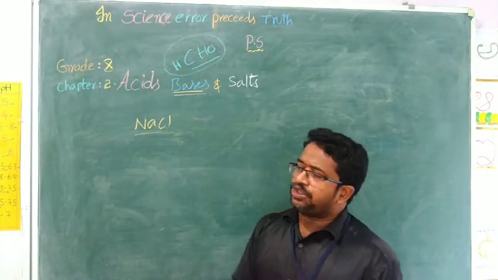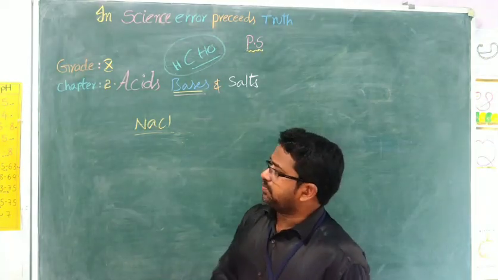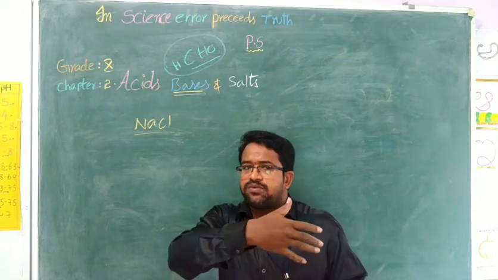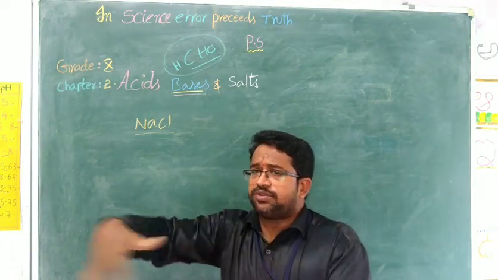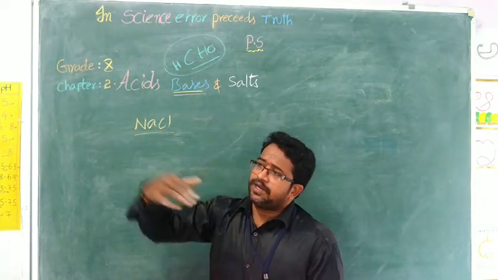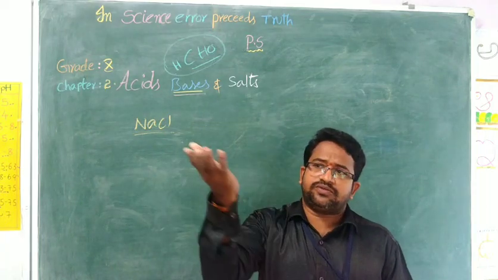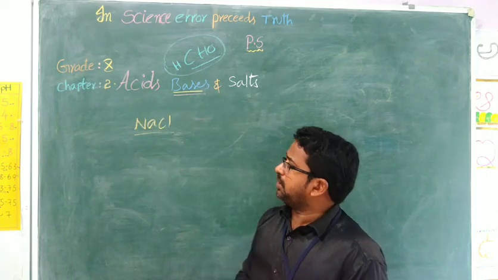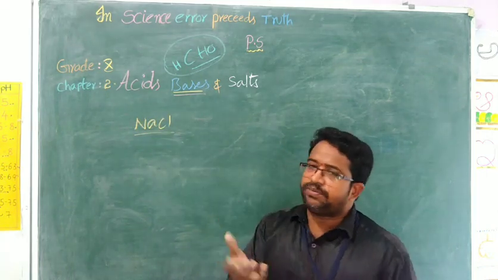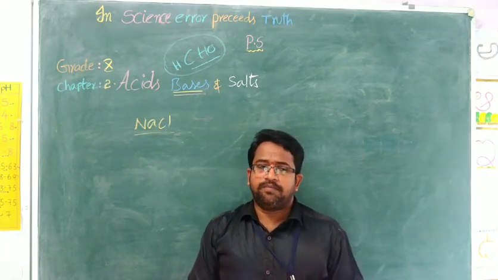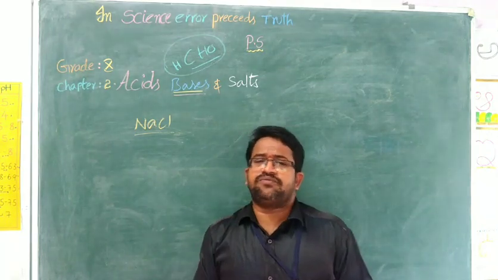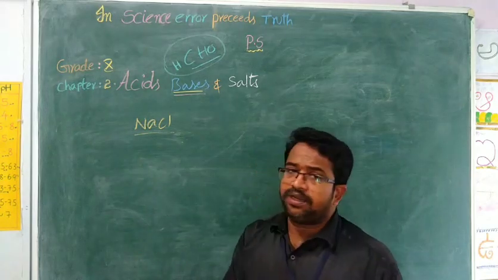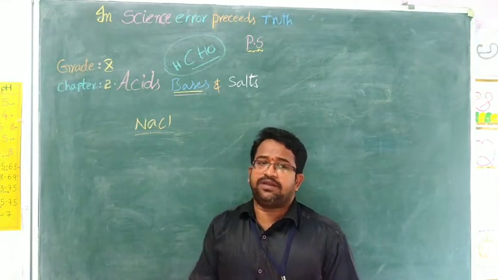Seawater or ocean water can be separated into the fields of evaporation, as we call them. Then water molecules evaporate and sodium chloride remains as flakes. But there may be some chances of impurities, and when impurities are present, the NaCl may not be white in color.